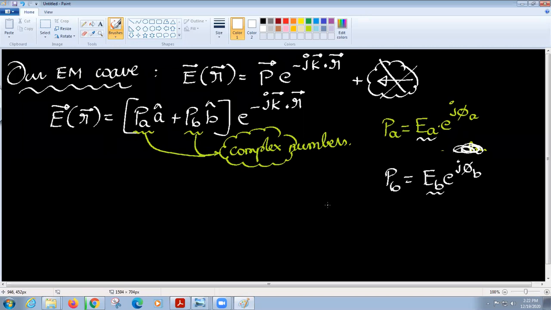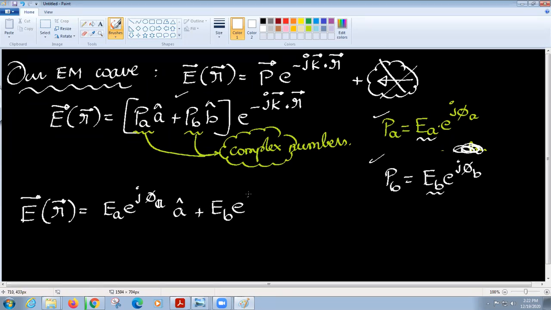So once we have this, now if you plug in this PA and PB in this equation, then you must have E of R equal to EA e power j phi a, or it is j phi a we took, A roof, plus EB e power j phi b, and this is the direction B roof or B. So now this is e power negative jk dot r.